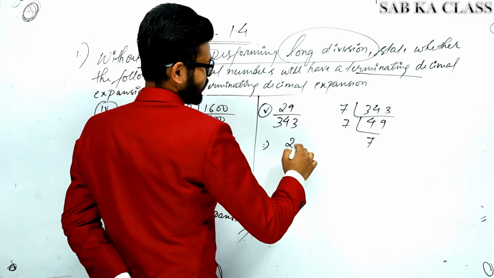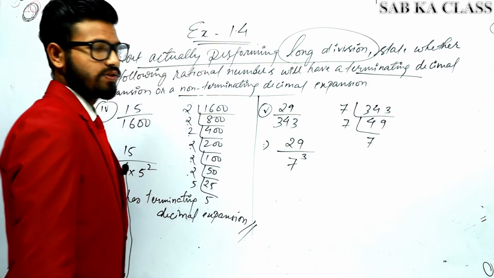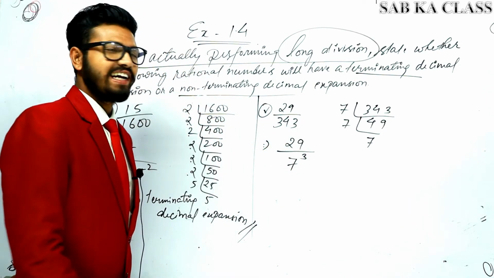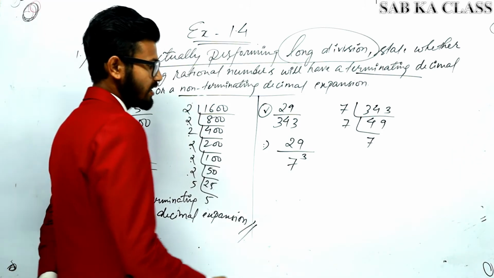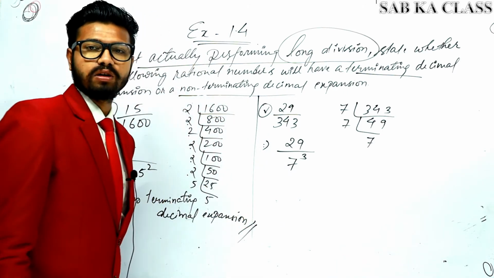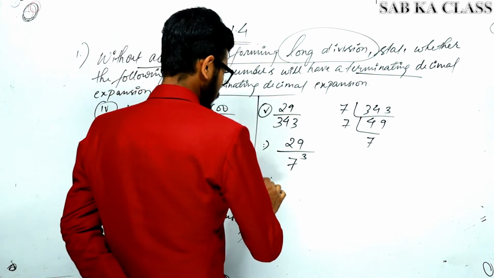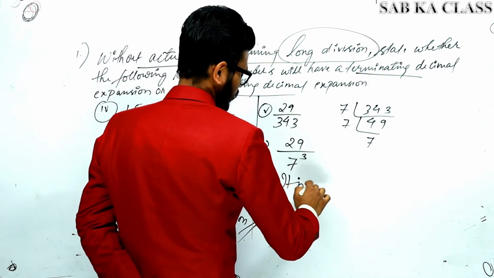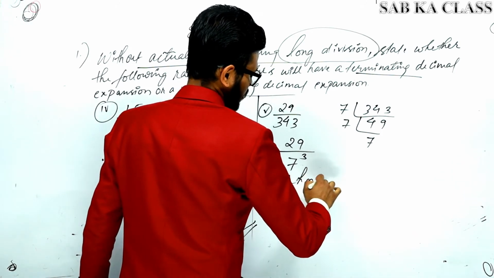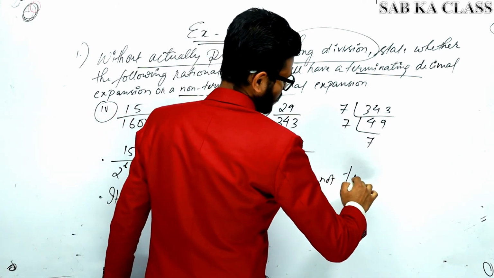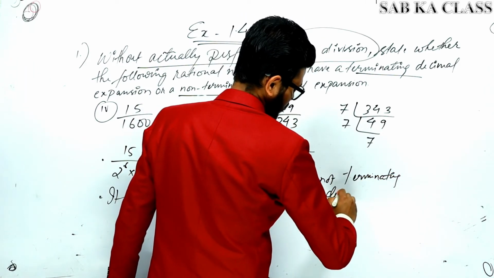So we can write here 29 by 7 to the power 3. So absolutely it is not a terminating decimal expansion, because the denominator cannot be expressed in the form of 2^m and 5^n. Therefore, it has a non-terminating decimal expansion.